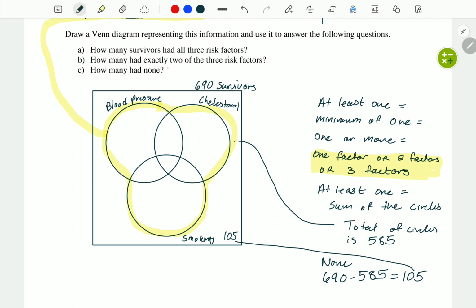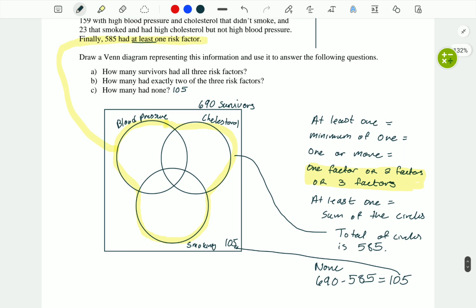We also find the answer to C, 105 survivors. Once again, the sum of the circles is 585. We have a total of 690 survivors, so if we subtract 585 from 690, 105 of those survivors had none of those risk factors.